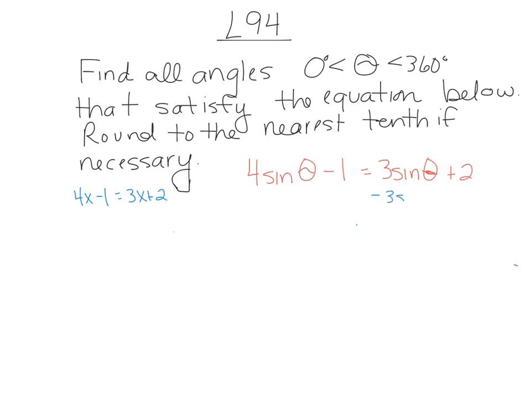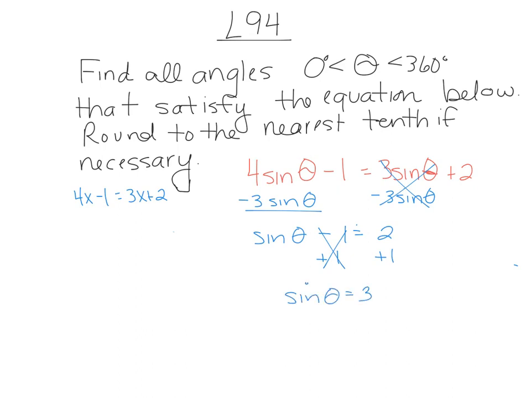So minus 3 sine theta, I get 1 sine theta, or just sine theta, minus 1 equals 2. Add 1 over, and I get sine theta equals 3. So in this case, sine is positive again. So if I think about my ASTC, I'm expecting answers in the first and second quadrant. So I'll set that up.